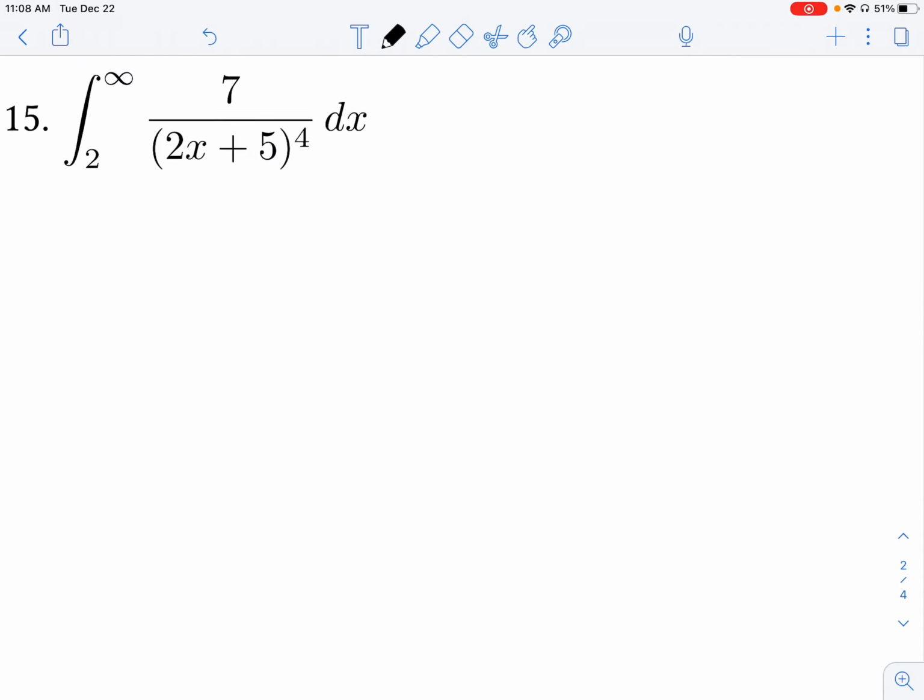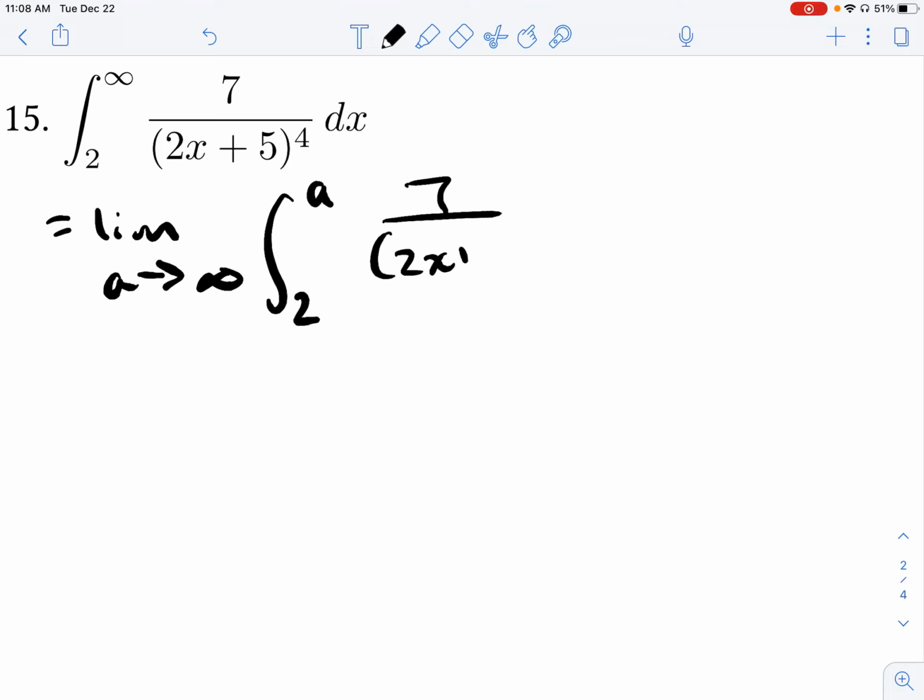All right, so for number 15, we're going to be integrating this from 2 to infinity. And again, first step, we're going to rewrite this as a limit statement. The limit as a approaches infinity from 2 to a of this function. A little tedious, but an important step. Now, we're going to go ahead and integrate that.